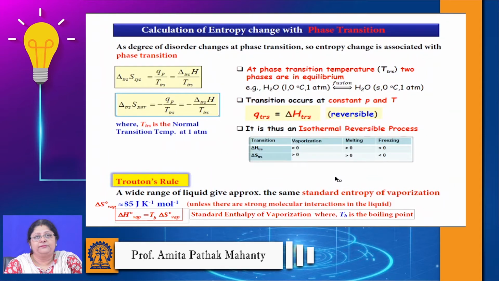If it's a reversible process, then the entropy change of the system will be equal to the entropy change of the surrounding with a negative sign, right? So if you are asked to compute the entropy change for the surrounding for a phase transition process, a process where you are having a change in state, you remember whatever system entropy you have calculated, that same value with a negative sign will represent the entropy change of the surrounding.